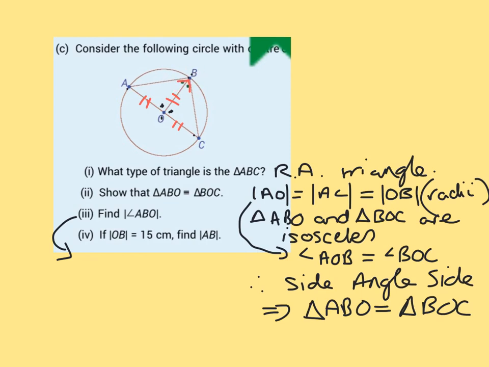And we know that this is a right angle triangle. So if it bisects the angle, B is equal to 45 degrees. So the angle ABO is equal to 45 degrees. ABO is the one here with the green dot.